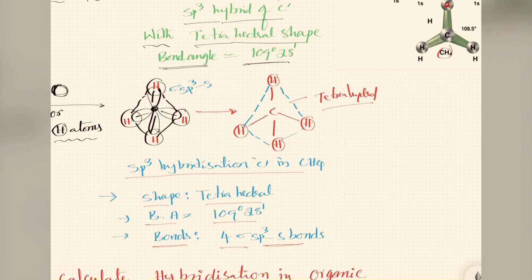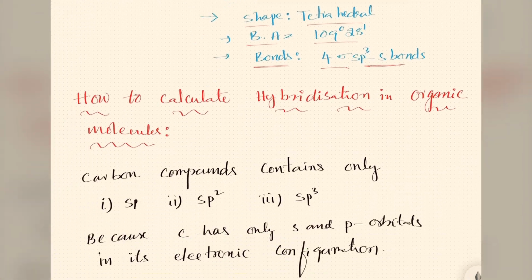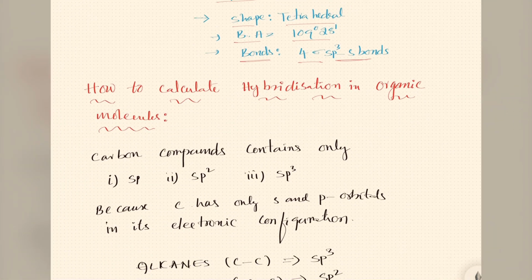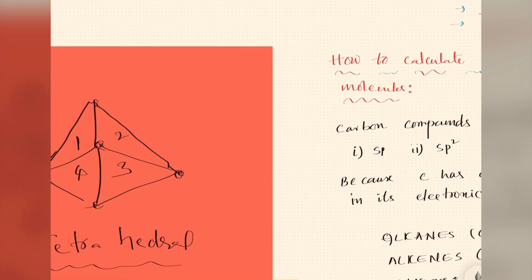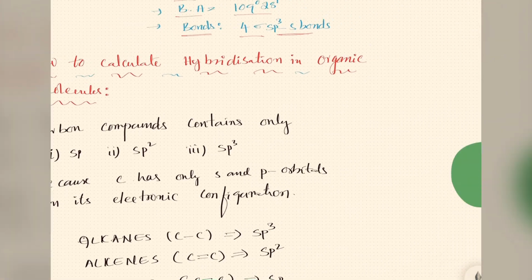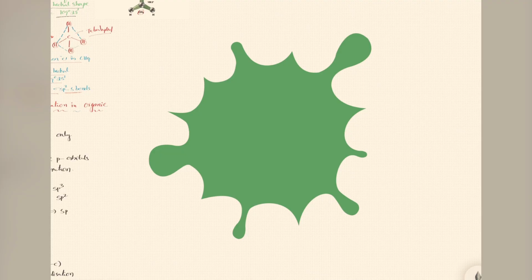Now, a very important concept is how to calculate hybridization in organic molecules. We'll discuss it here. Generally, in organic chemistry, we have only three types of hybridization.